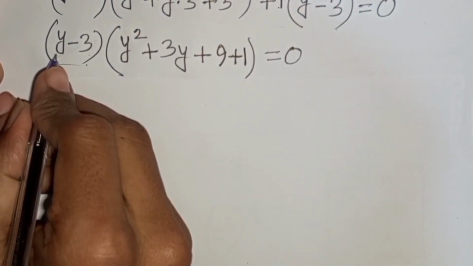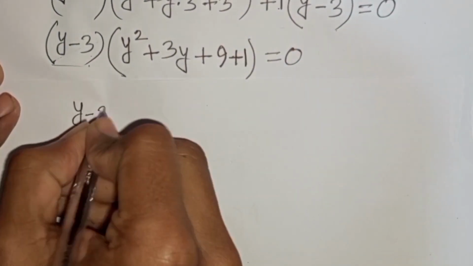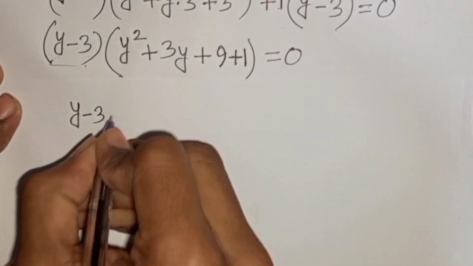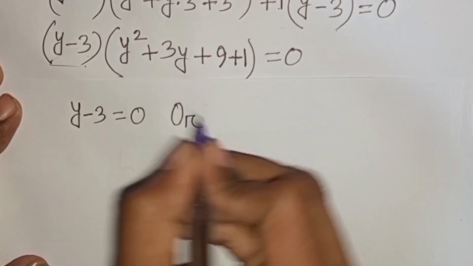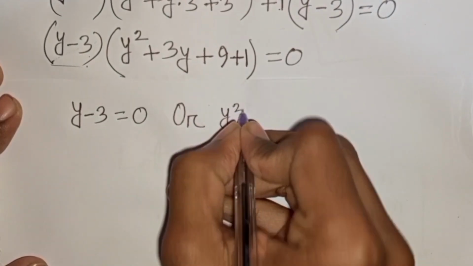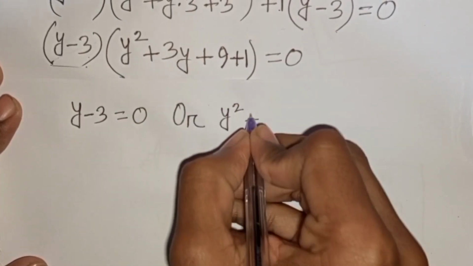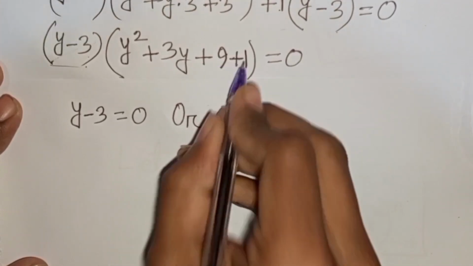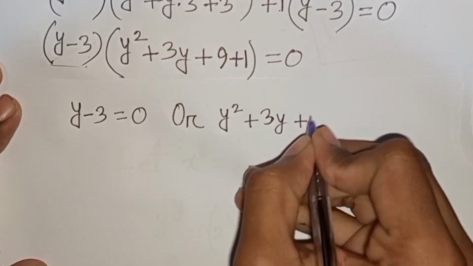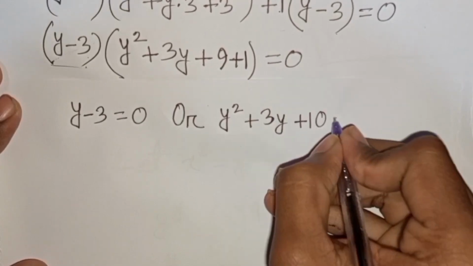Now we can write here y minus 3 is equal to 0, or y square plus 3y, then plus 9 plus 1, that means plus 10, is equal to 0.